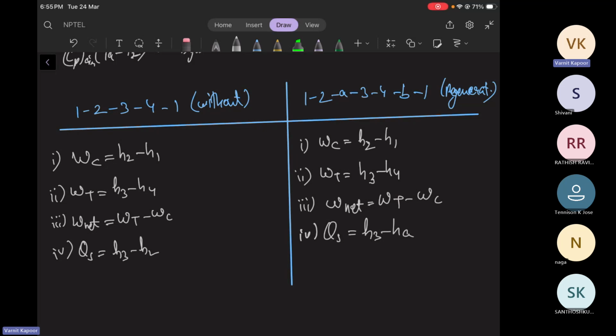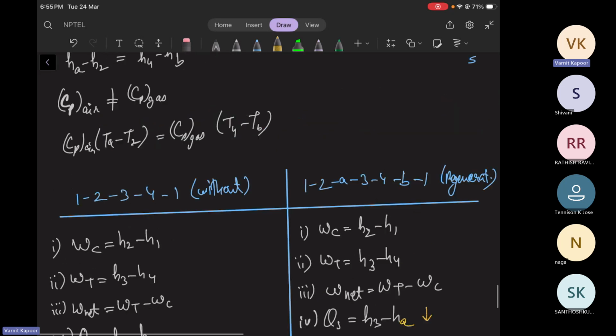This is the difference. So eventually you have reduced the heat supply, so efficiency is going to increase. Earlier the efficiency was work net by Qs, and here the efficiency is also work net by Qs, but you have reduced the heat supplied, so your efficiency has increased.